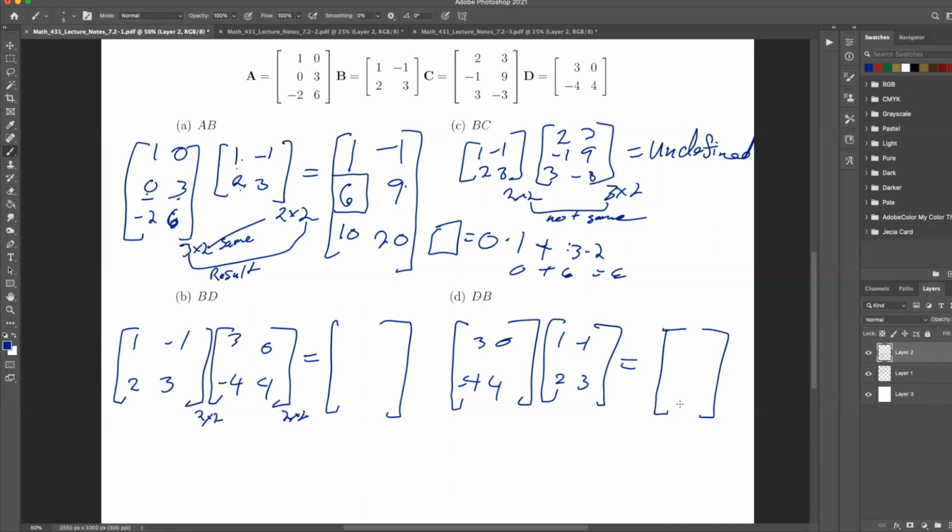And once you have an answer, go ahead and type it into chat and I will show you how to write this in matrix form. You're going to type it like this.